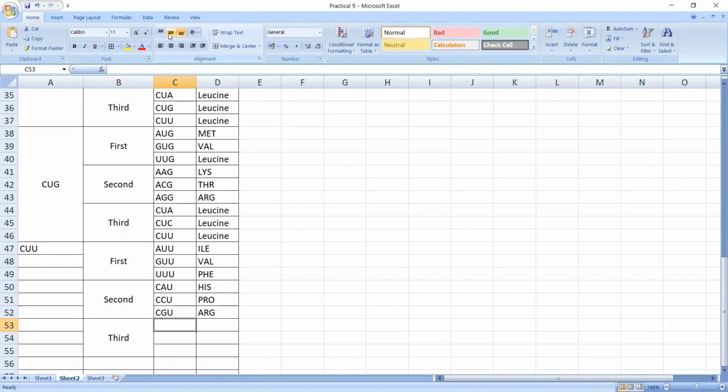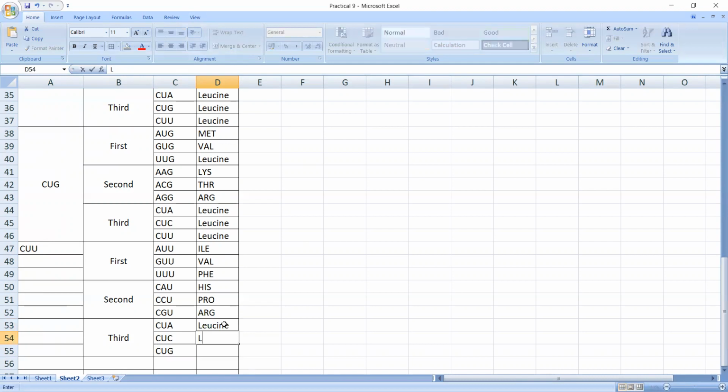It is a U. So it is going to be CUA, CUC, and CUG. Take your time, but do it very neatly, very carefully in the exam. What does CUA code for? CUA codes for leucine only.